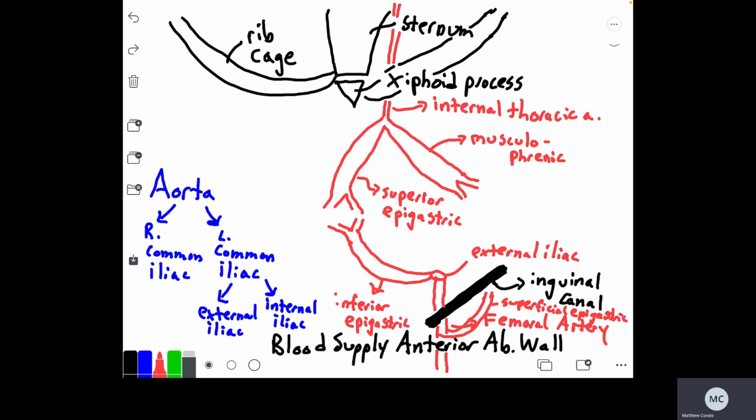In addition to all of this, we're actually going to have intercostal arteries coming in as well. And these are all going to be named based on where they're exiting.